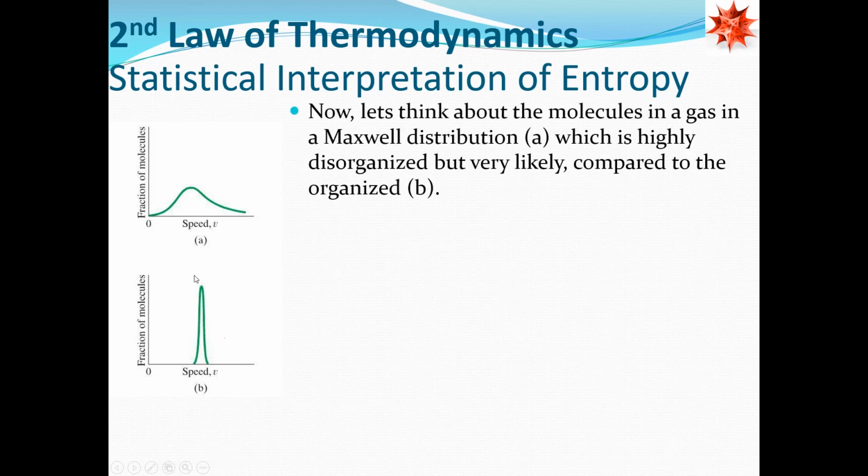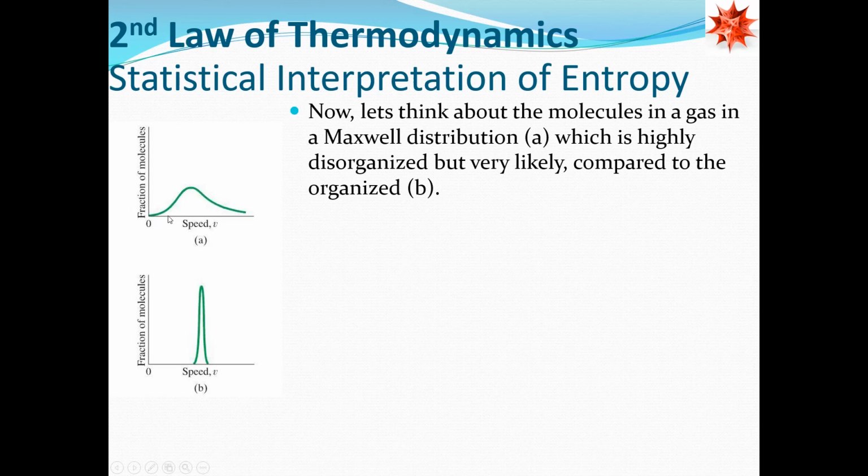So this actually looks back to a distribution. What would it mean for a system to be disorganized versus organized? If you recall, we had the Maxwell distribution for a gas, and this is what we would normally get. It peaks somewhere in the middle, and then it slows down.